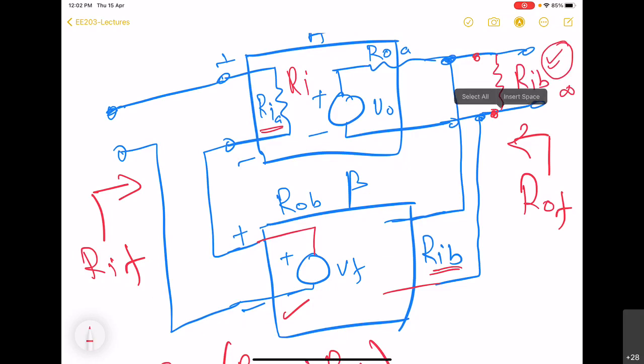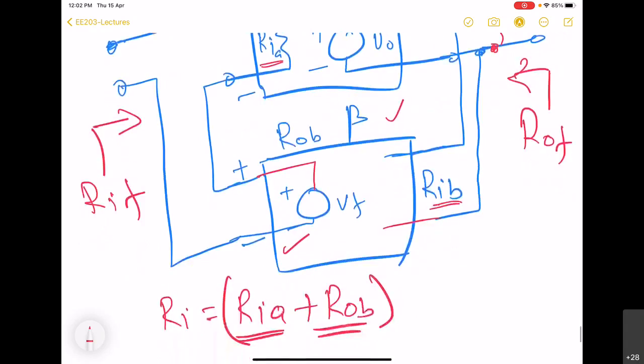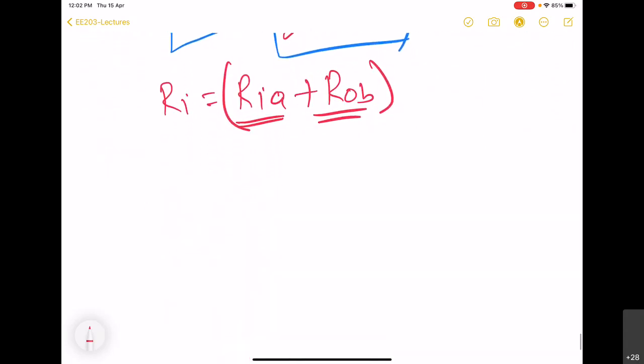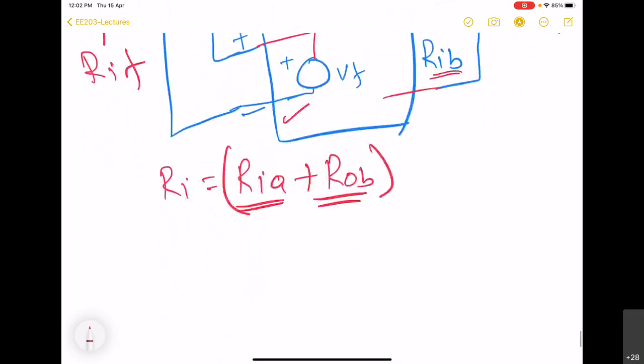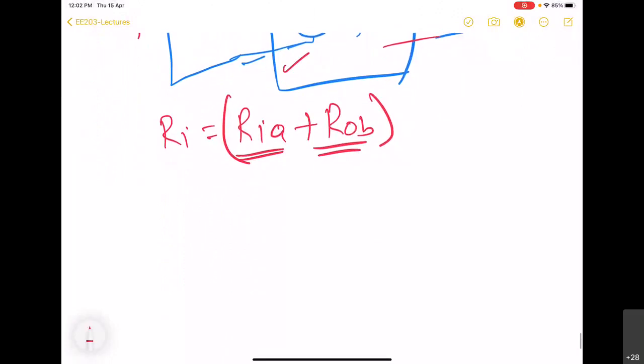So this is the circuit, and we have been able to reduce the beta network to ideal, but on the output side scenario is no longer ideal. We have a load, and one can repeat those steps that we took for the previous case to find out the new input impedance.